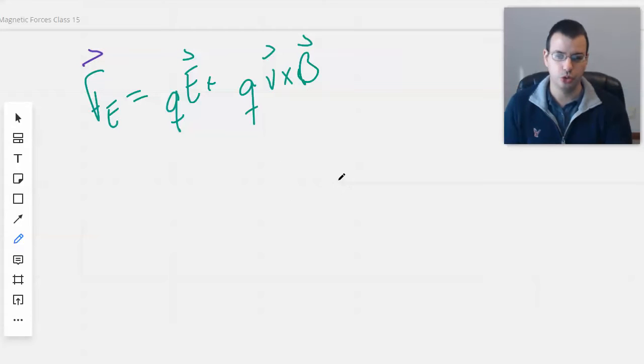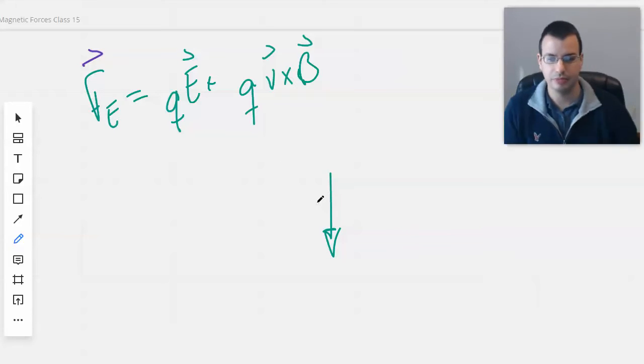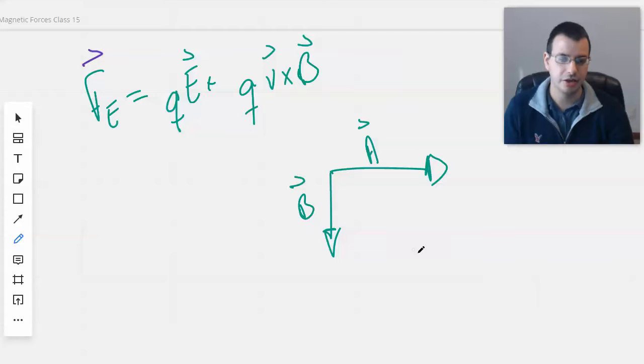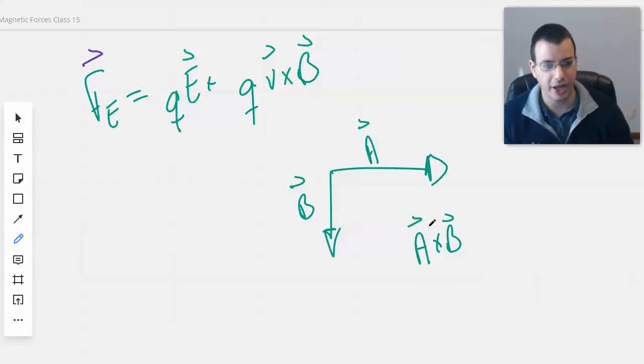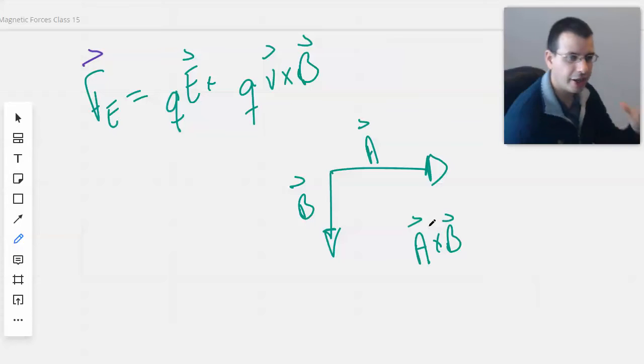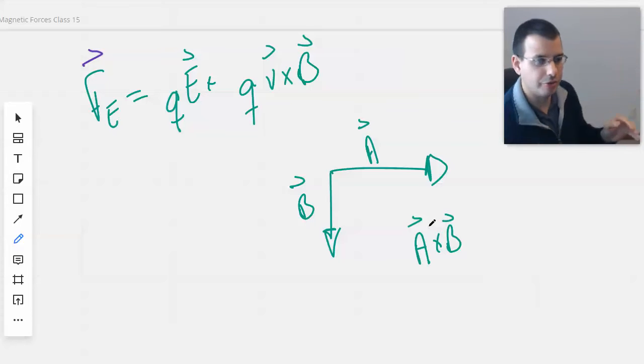Without going too crazy, let's say we have a vector like A and a vector like B. So we'll say A, B, and then A cross B. The way I do this is take my right hand rule.